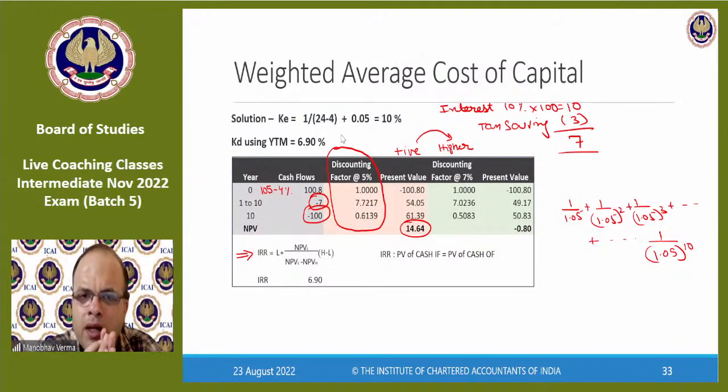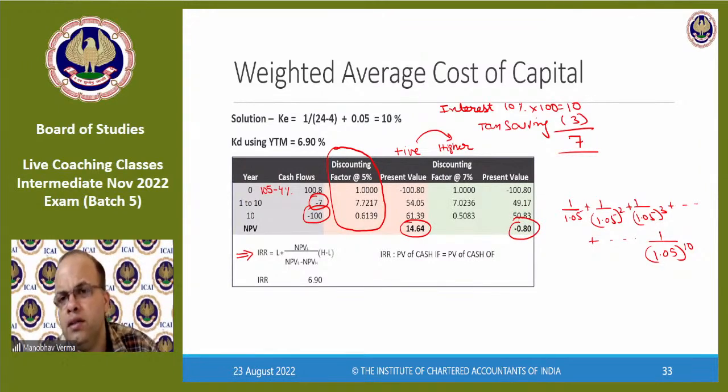Let's say that. Now I've taken a higher discounting rate because I hope you all agree with me that a higher discounting rate will give me a lower NPV. You guys agreed with me in the last class. So I took 7%. And with that, my NPV is minus 0.8. And that's what I wanted.